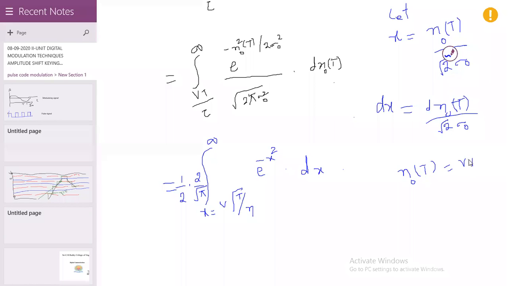Okay, so x is equal to Vt by tau divided by 2 root 2 into sigma naught. What is sigma naught? Sigma naught, the previous one. Sigma naught square was given in the previous one. What is sigma naught square?